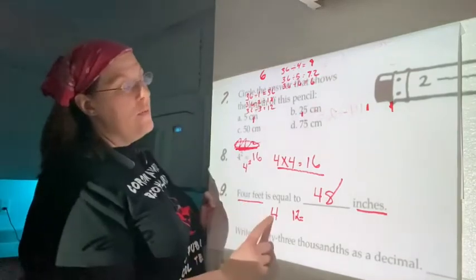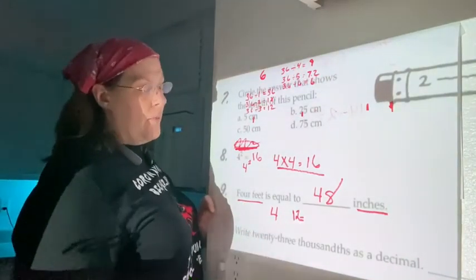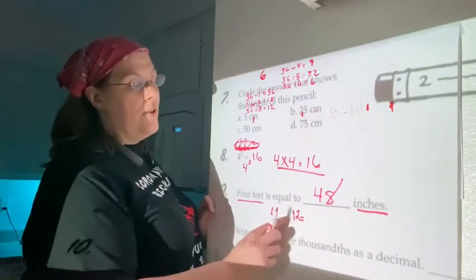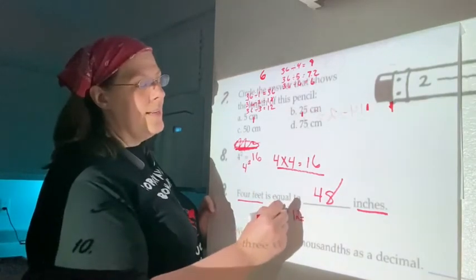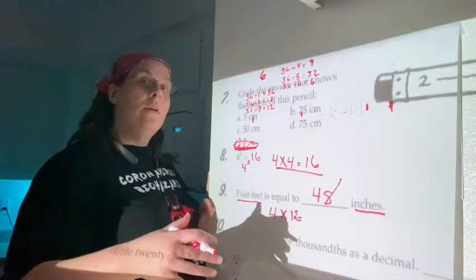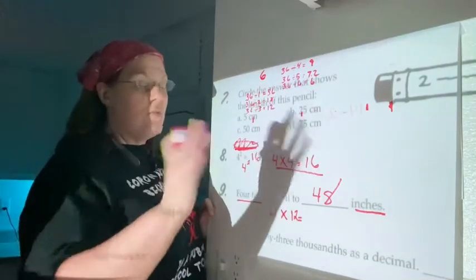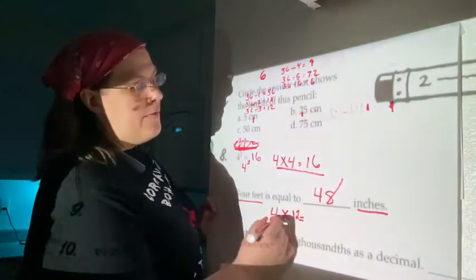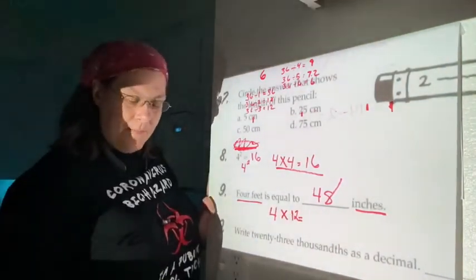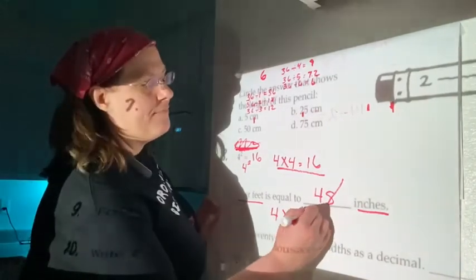When we have 4 groups and they are groups of 12, we are timesing. When we're adding groups, it's times. When it is just adding individual things or individual measurements, it's adding. So this is times. Go ahead and set your problem up. 4 times 12 equals 48.